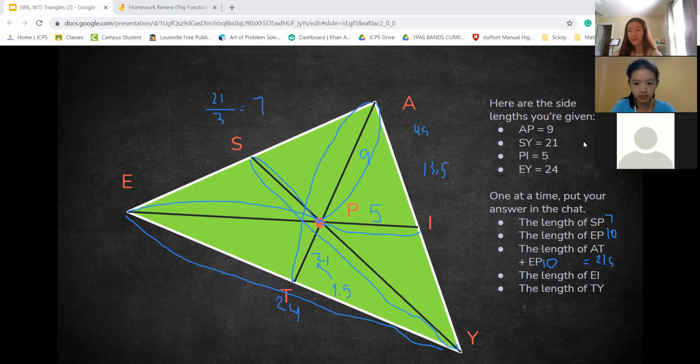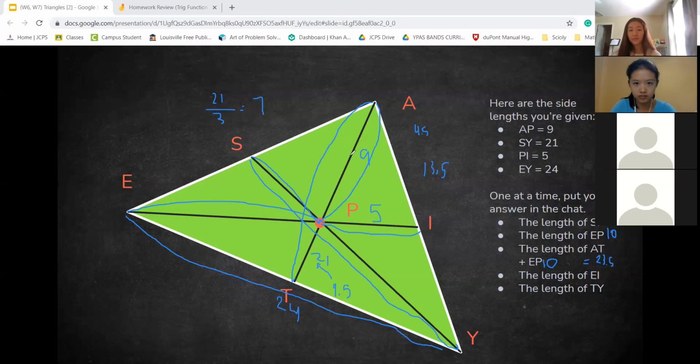The length of EI. For the length of AT, the length of AP is 2/3 of AT, right? AP, okay, yeah, is 2/3 of AT. If 9 is 2/3, if we multiply that, we get 6.